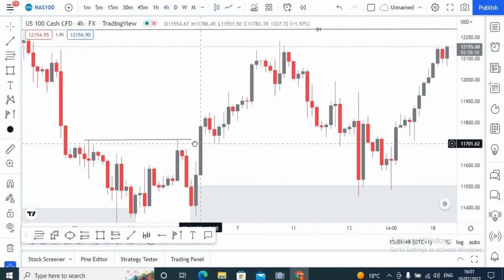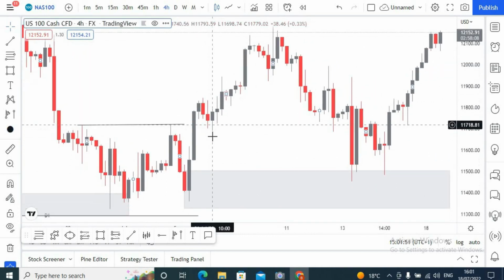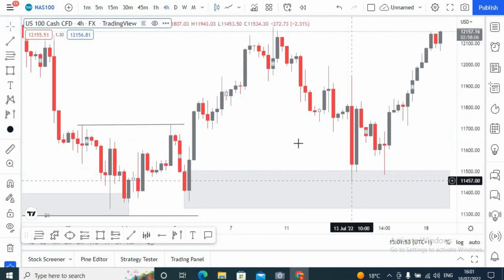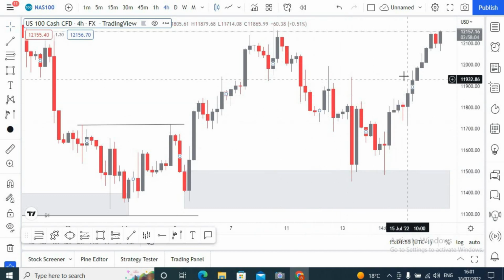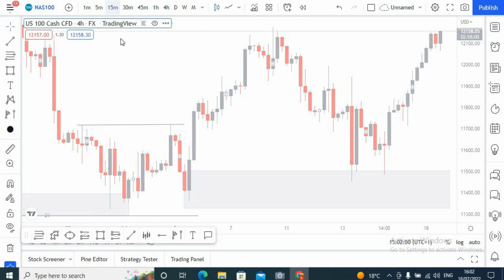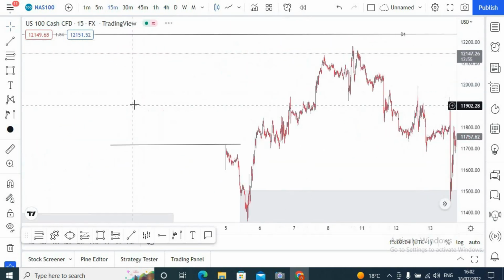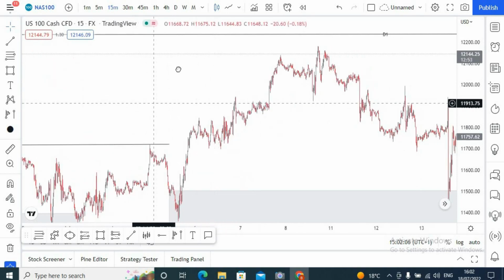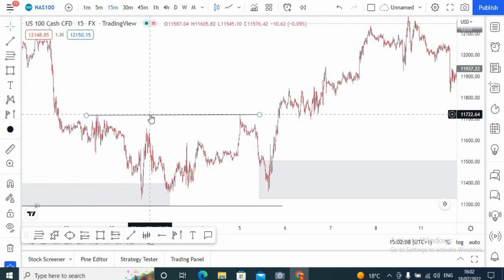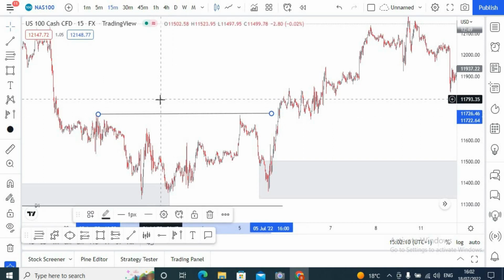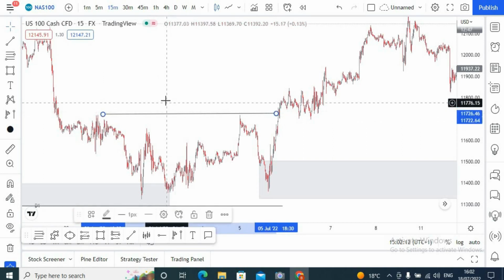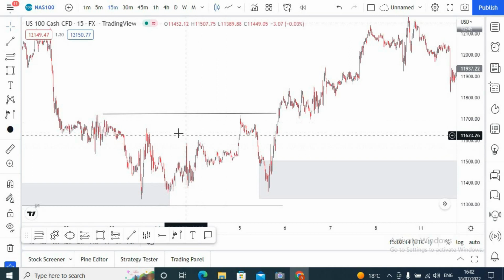So as you can see now, guys, price came back and then tapped in and shifted the market. So if you find something like this, if you go to a smaller time frame now, what you have to understand is very easy and simple. You have to understand this was our base area, or our major base area, which we had here.